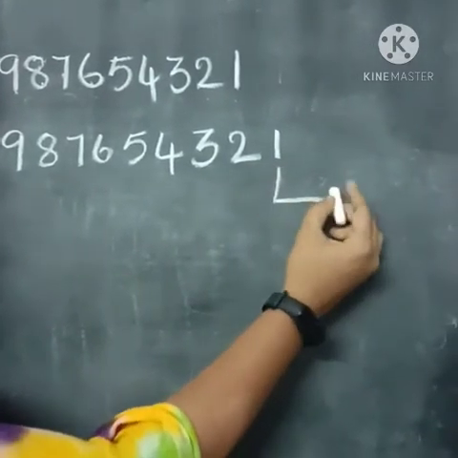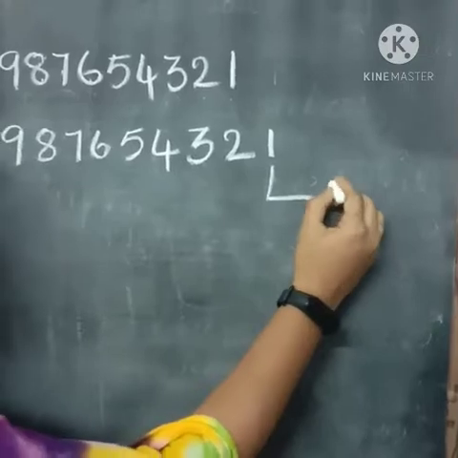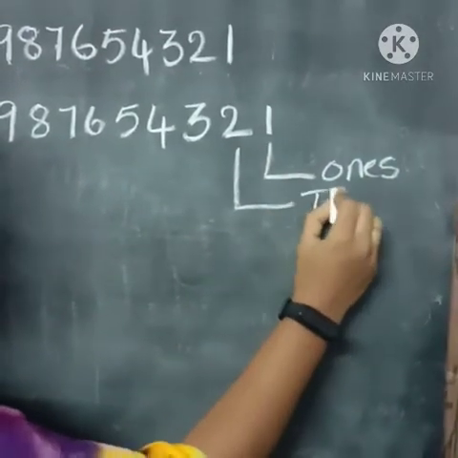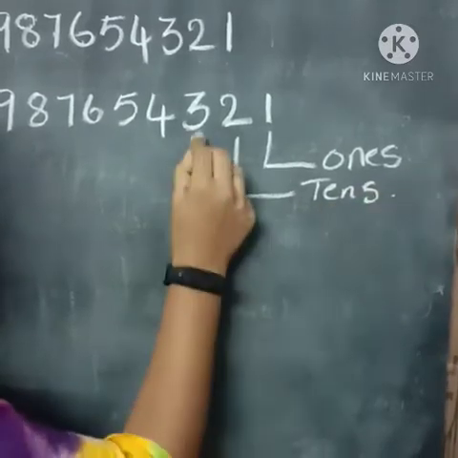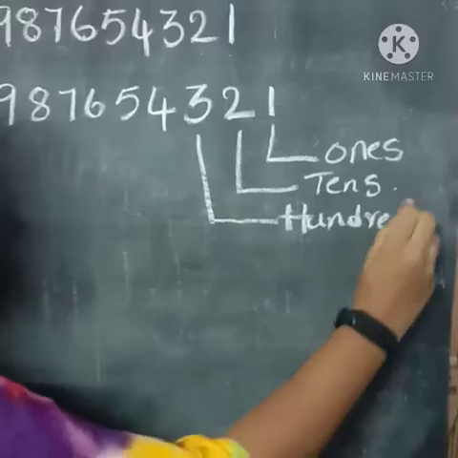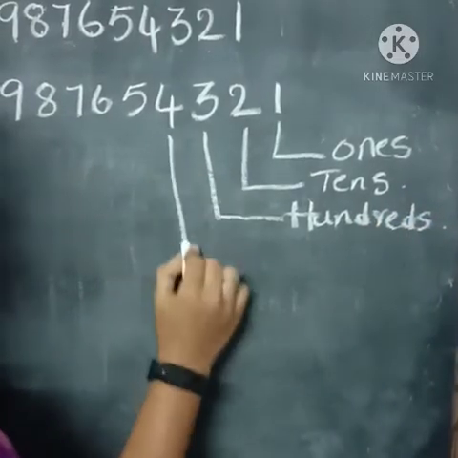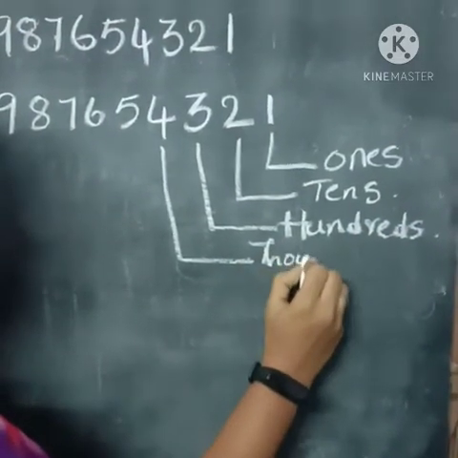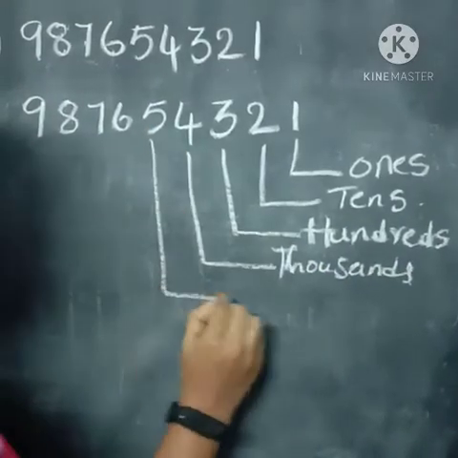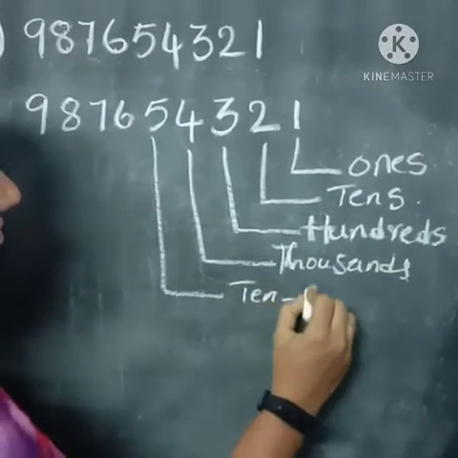One is in which place, children? Yes, one is in ones place. Next, two is in tens place. Three is in hundreds place. Next, four is in thousands place. Five is in 10,000s place.